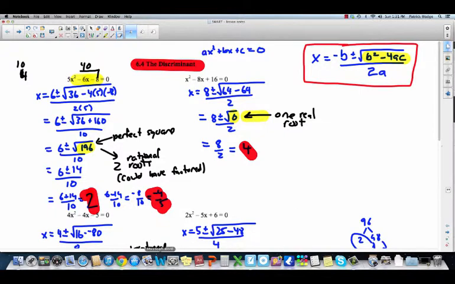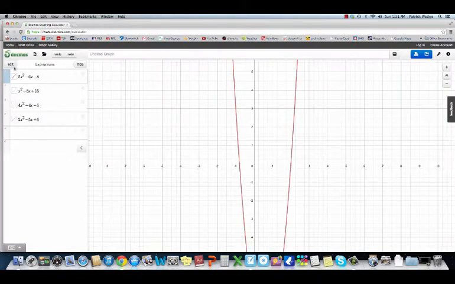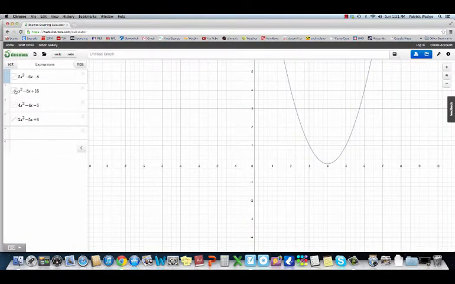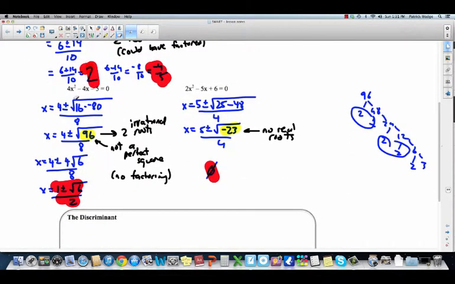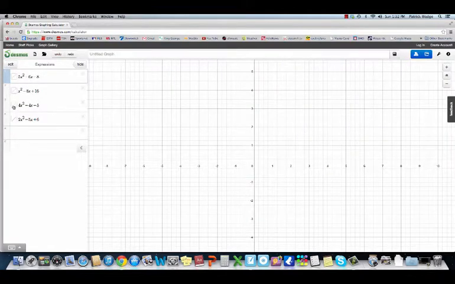Okay, let's look at this one. x squared minus 8x plus 16 looks like this. And there's only one x-intercept, and the x-intercept obviously is 4, and that's exactly what we got as our answer for that one, 4. If we take a look at 4x squared minus 4x minus 5, that is this one.